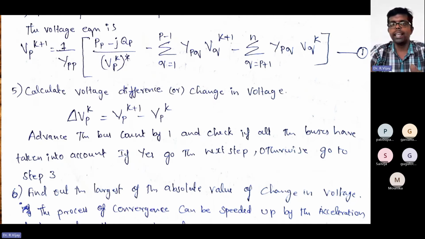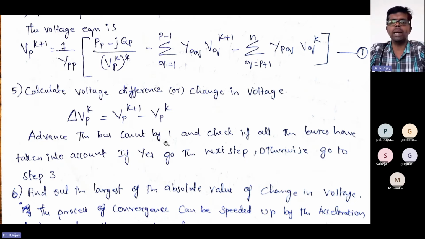But actually, in the real world, the distance between the buses may be around 10, 20 or 30 kilometers. It depends on your practical power system structure. So it will not be a small distance. There will be a minimum distance, so there the loss is also there. Definitely there will be a loss in the voltage. That's why we are calculating this change in the voltage.